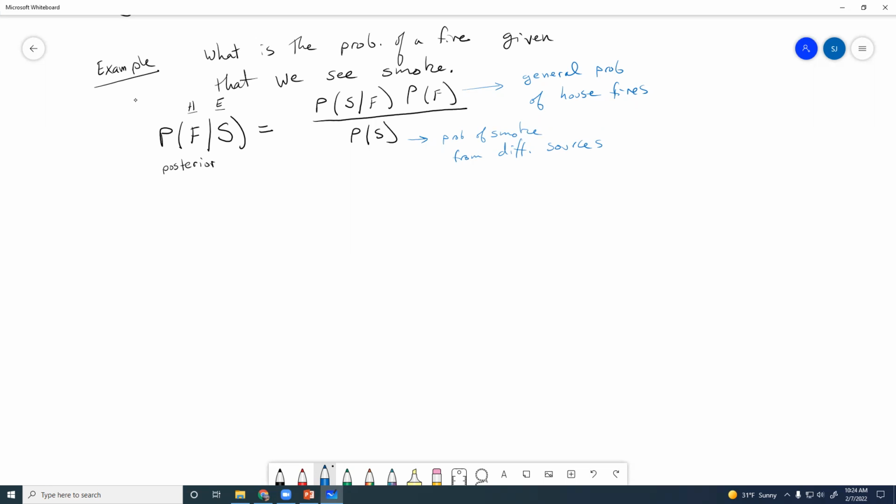And then we can say, what's the probability of smoke given fire? Do we have situations where we have a fire, but there is no smoke? Maybe a really hot fire that just has no smoke. So we can put all those pieces together and say, okay, it's not 100% that we have a house fire every time we see smoke.